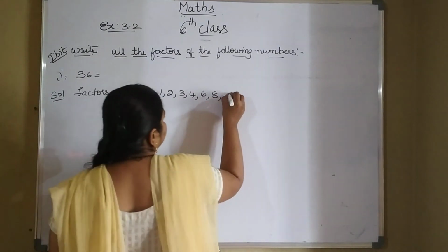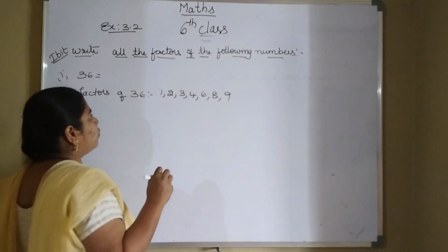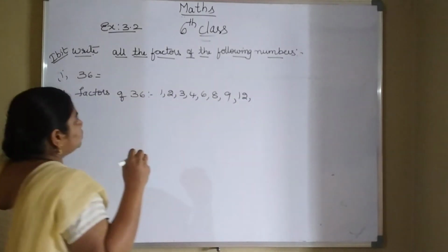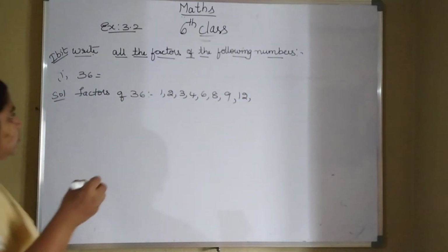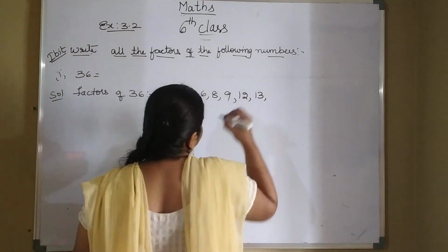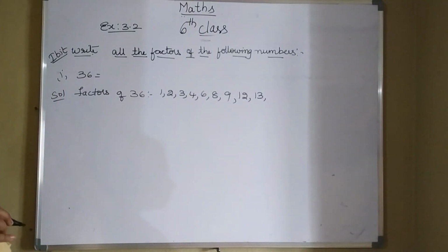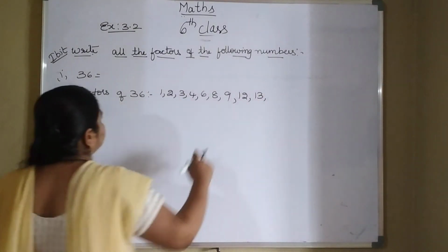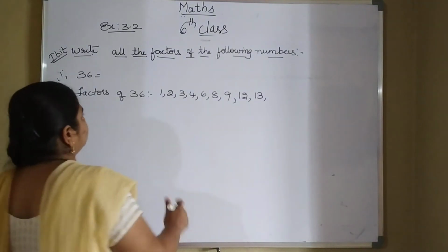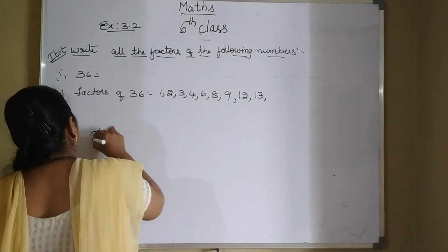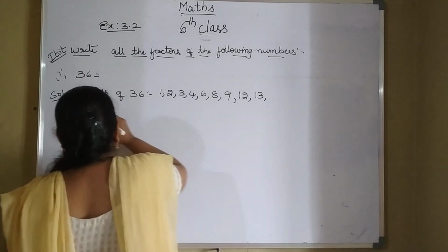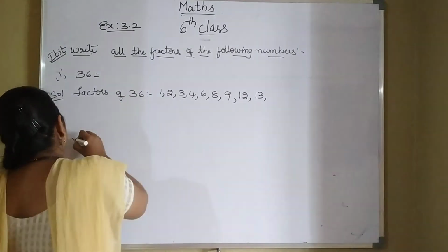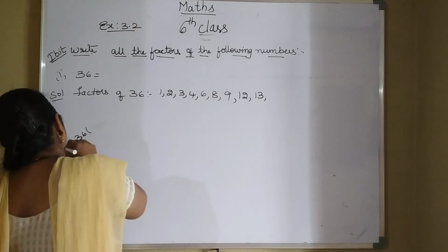It will go in the 9 table. 9 4s are 36. Next, 10 will not go. 11 also no. 12, 12 3s is 36. 12 table it will go. 14 will not go.